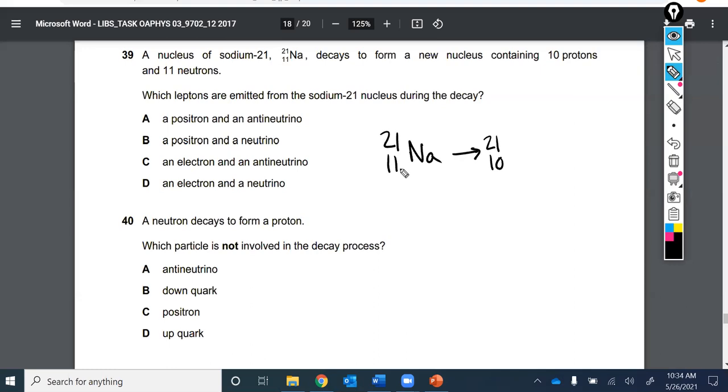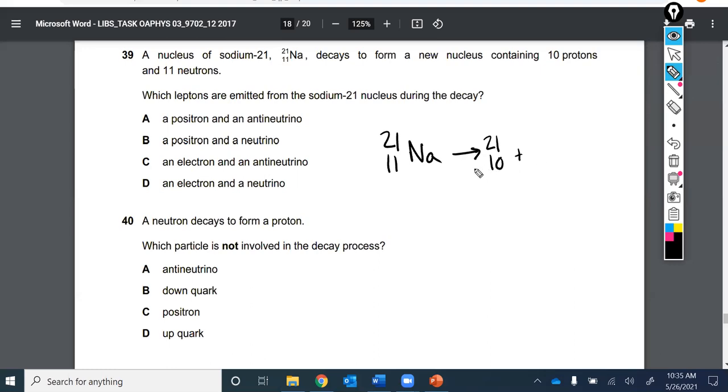And so what is the case where a proton becomes a neutron? Since the proton number is going down, that proton became a neutron. So this is an example of beta plus decay.